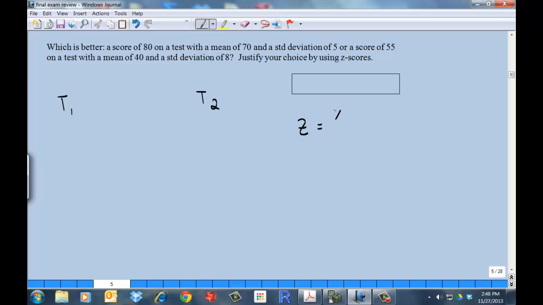So the z-score is x minus mu over sigma. So notice we have to have x, we have to have the mean, and we have to have sigma for test 1. And then x and the mean and sigma for test 2.